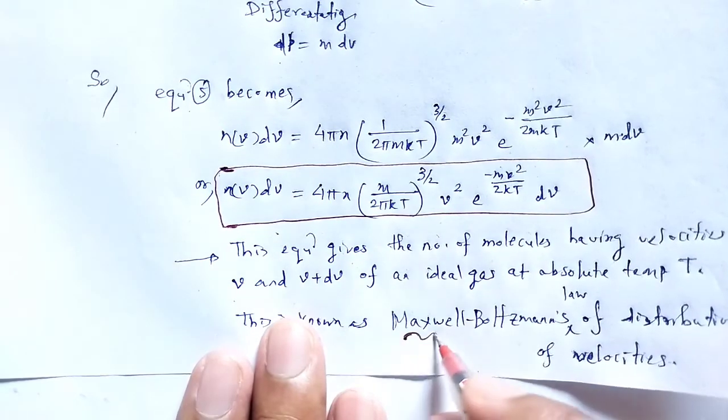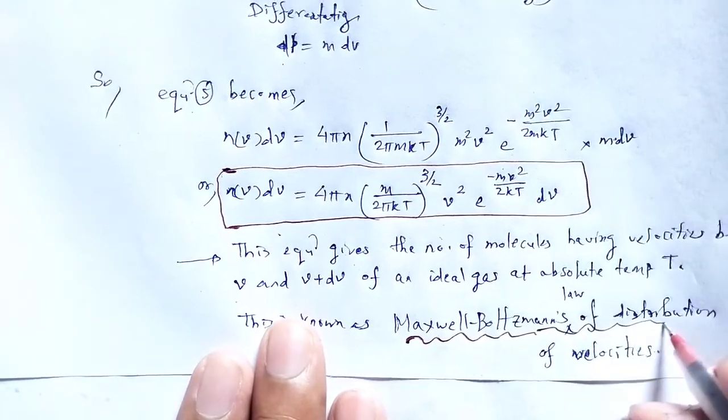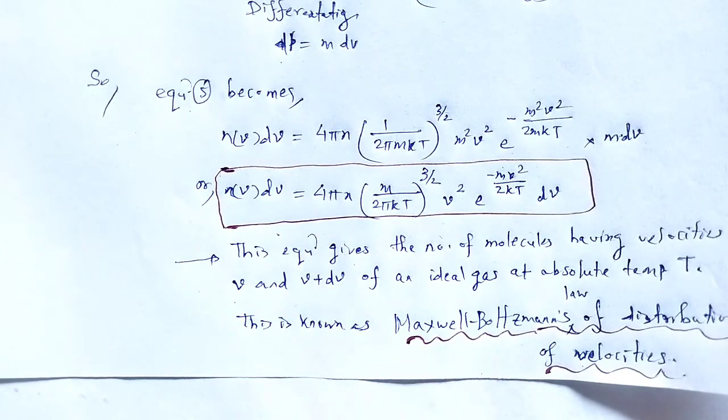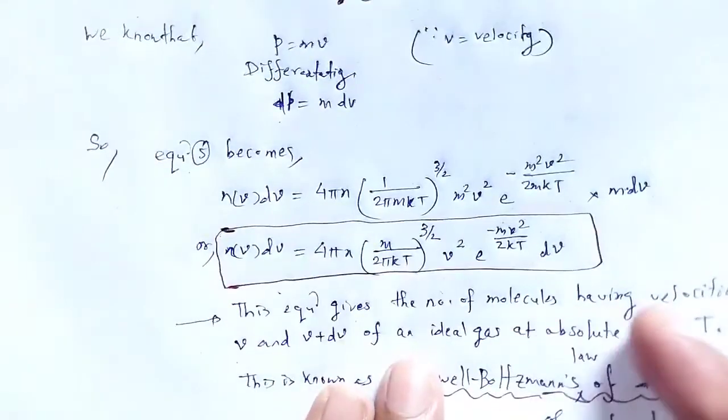This is the Maxwell-Boltzmann distribution law of velocities.